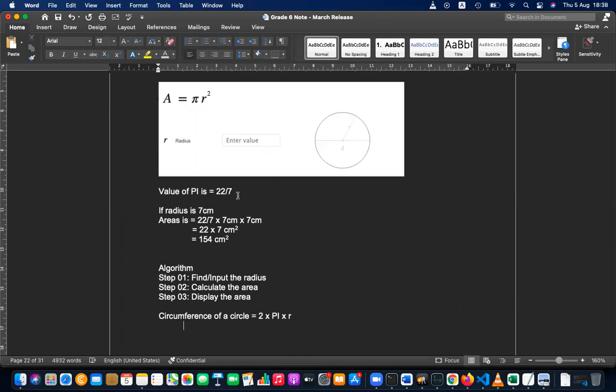Again, pi is equal to 22 divided by 7. So what is the circumference of this circle? Can you tell? There is an equation for that, 2 pi r. Then pi is 22 divided by 7, so what is the circumference?